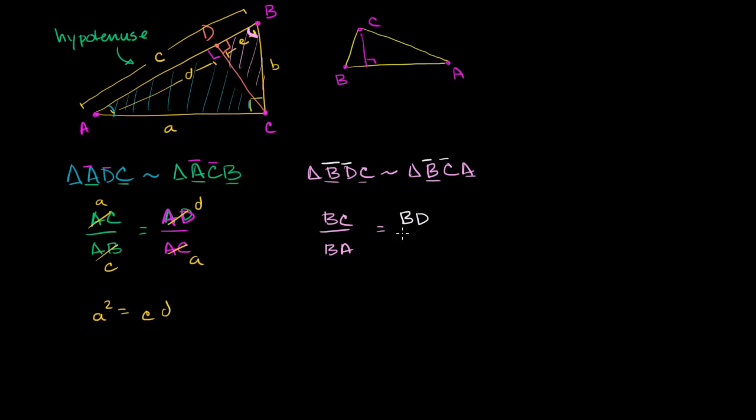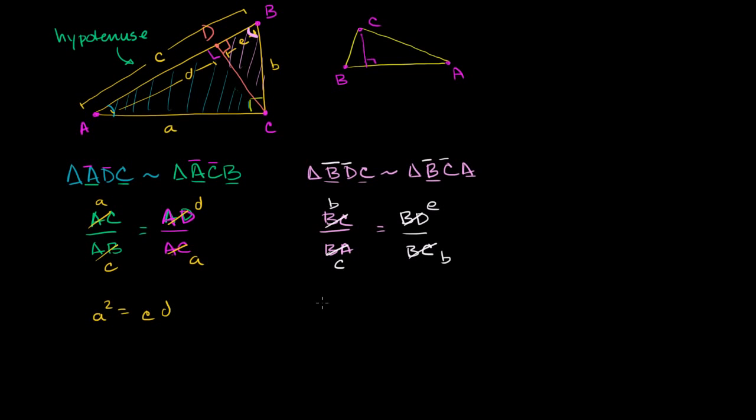I'm just taking corresponding vertices. And once again, we know BC is the same thing as lowercase b. BA is lowercase c. And then BD we defined as lowercase e.